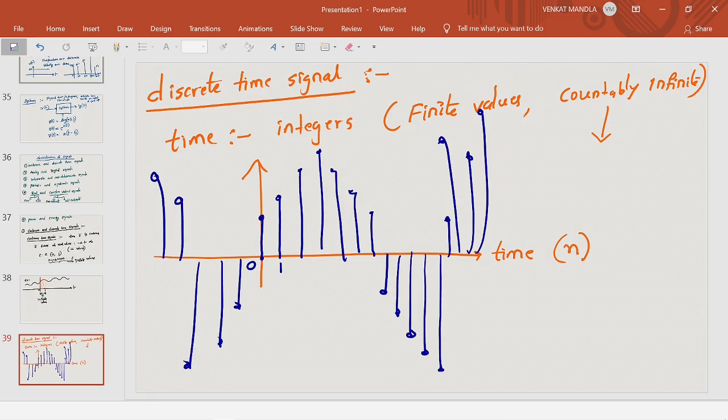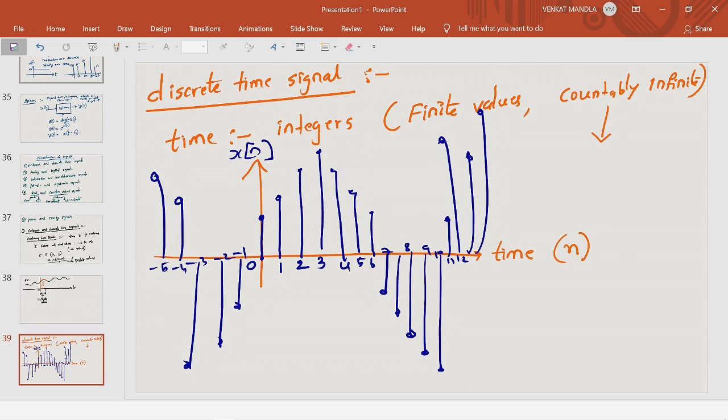The time axis takes integer values 3, 4, 5, and so on, and -1, -2, -3, -4. All these are integers. This is x of n, a discrete time signal. But the amplitude is not finite. It can take any value between 0 to infinity, or minus infinity to plus infinity.